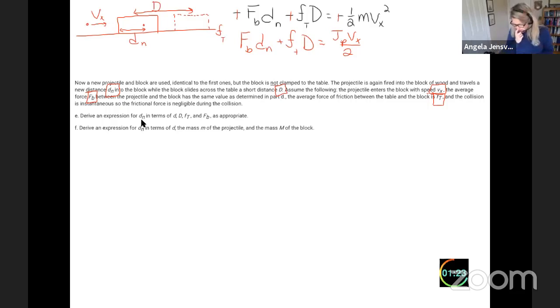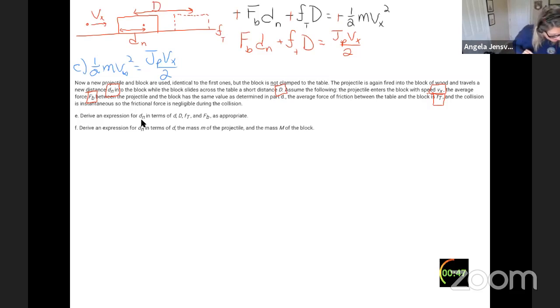We found that JpVx, I'll write it over here in part D. So I just want to say in part C, we found that 1/2 mvx squared was equal to JpVx over 2. That's how I justified putting that on the right side.